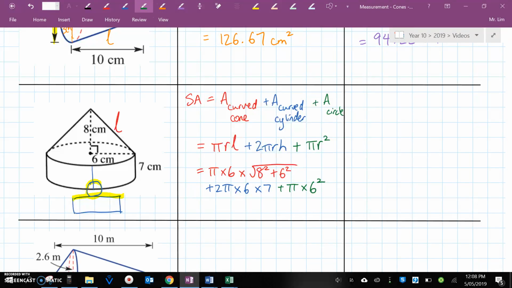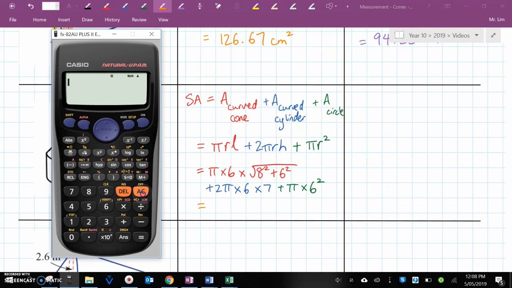Let's put that in our calculators and see what we get. Pi times 6 times the square root of 8 squared plus 6 squared. Okay, so that's the curved section of the cone.